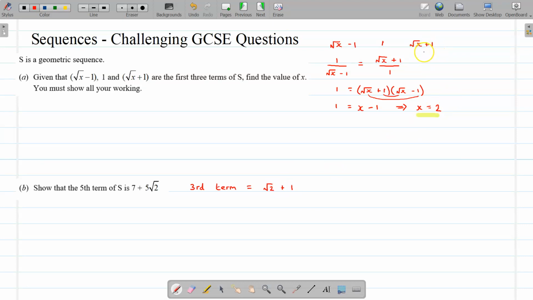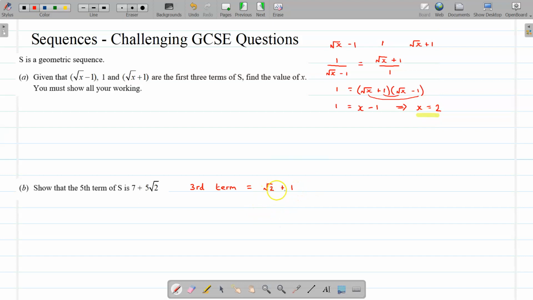Now we need to take that term and multiply it by something to get the next term. And we know that the common ratio of this sequence now is root 2 plus 1.